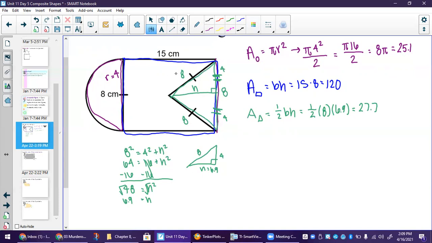Now I need to figure out, again, that original black area. We talked about how it was a semicircle added to a rectangle, but then subtracting off the triangle.